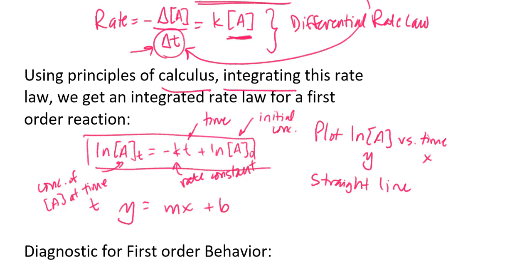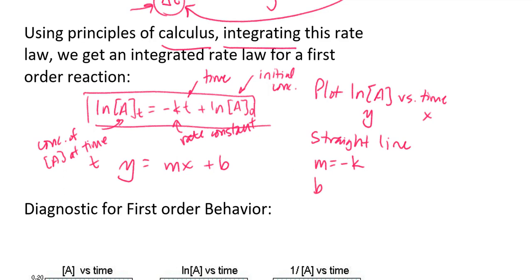And this straight line will have a slope that is equal to the rate constant multiplied by -1, or negative k, and my y-intercept will actually be the natural log of my initial concentration.